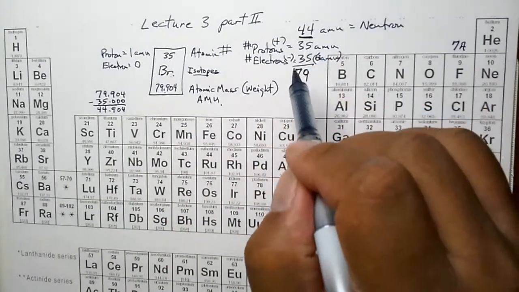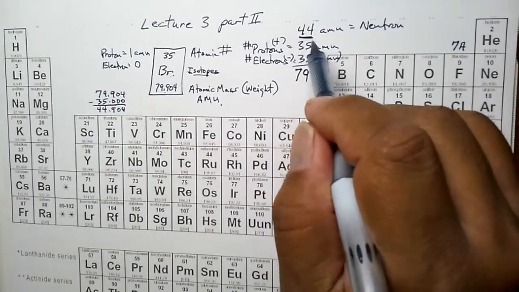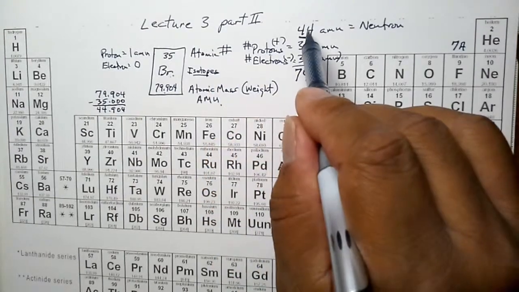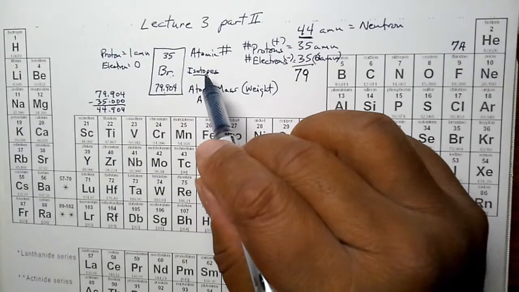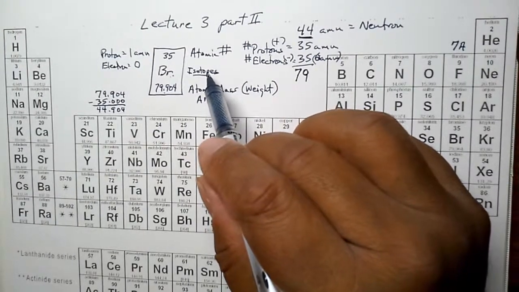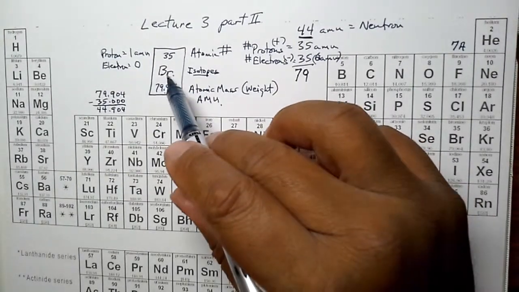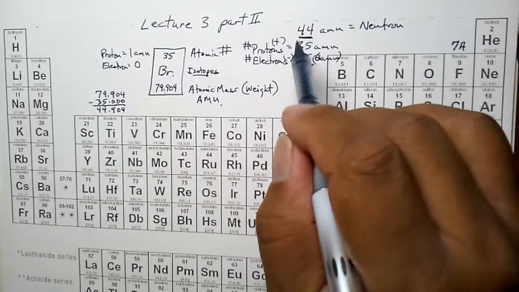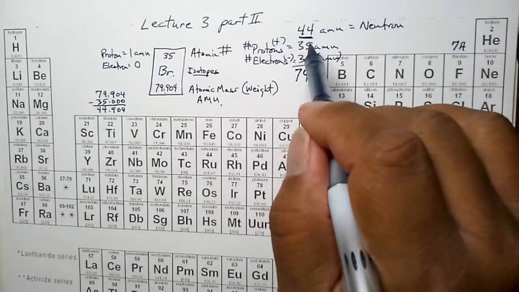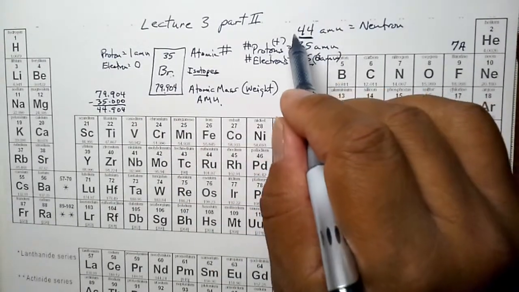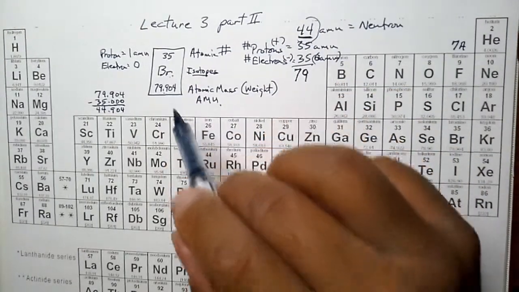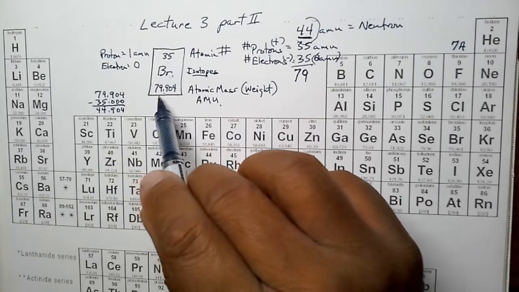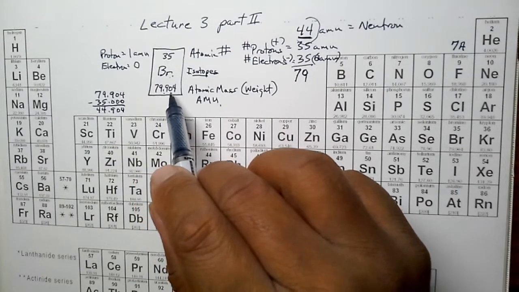So this number can vary. I don't know right now off the top how much bromine varies, or what is the percentage of different isotopes, or how many different isotopes, but I can certainly find out that information. And they would vary in the number of neutrons, giving an average value for the atomic mass, 79.904.